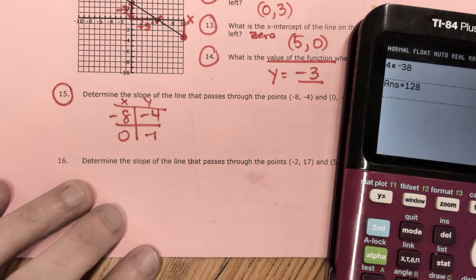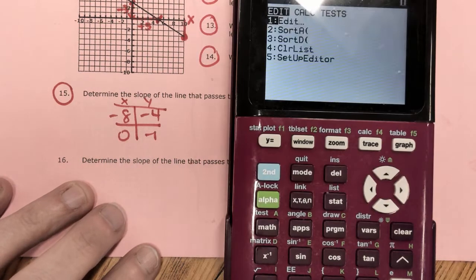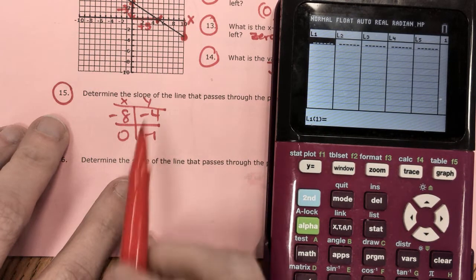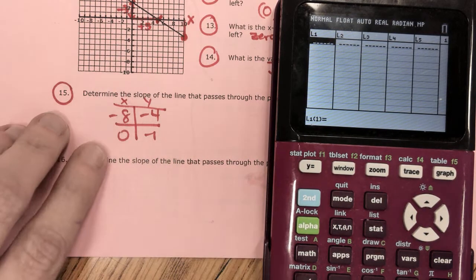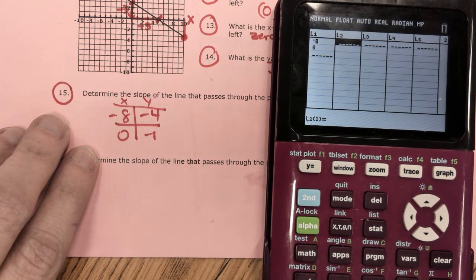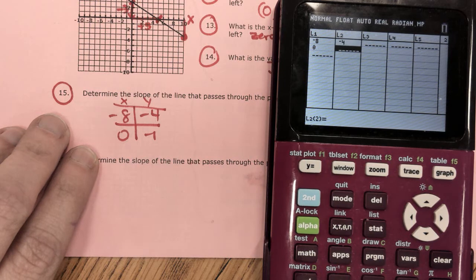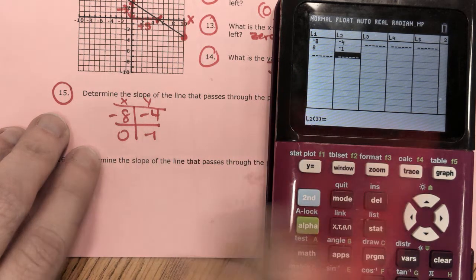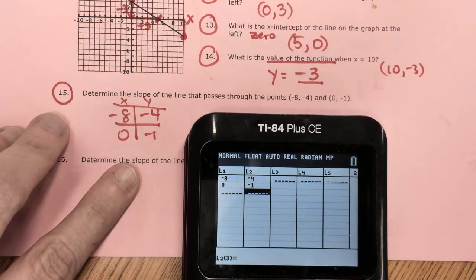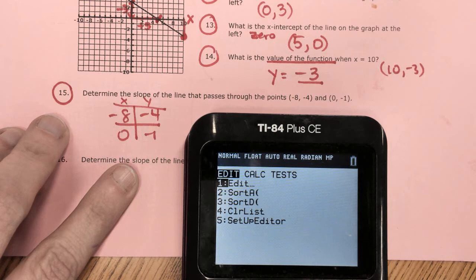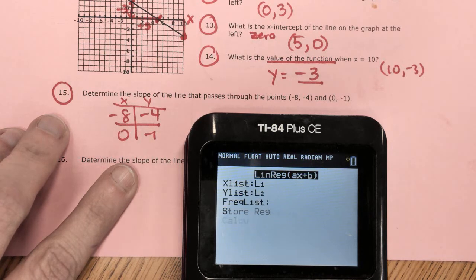I could do that. Or I could go to stat and put these values in. I like to put them in a table before because it makes it easier for me to enter them here. -8, 0, and then -4, -1. I want to make sure that this looks like my table and also that it looks like the points. I have a point at (-8, -4) and (0, -1). Then I'm going to do stat, calc, 4.